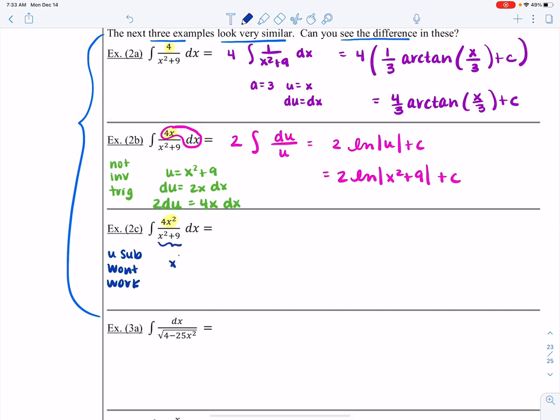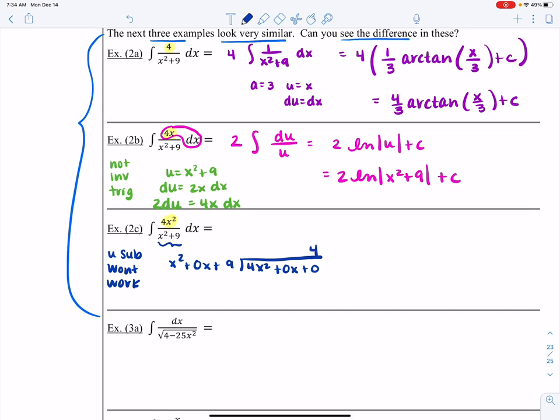So we're going to do long division, guys. Remember that when you're doing long division, I want you to set up placeholders for missing terms. Now the question you're going to ask yourself is, x squared times what gives you 4x squared? The answer to that is going to be 4.